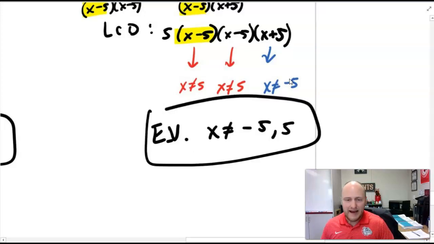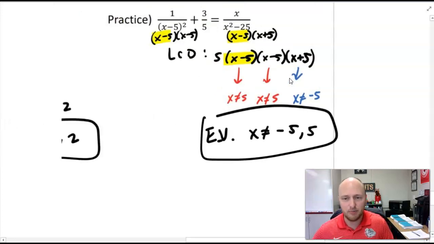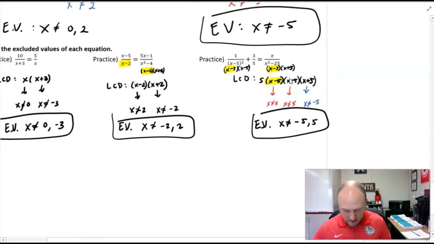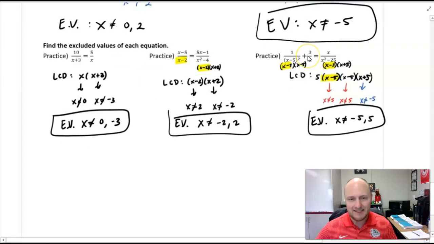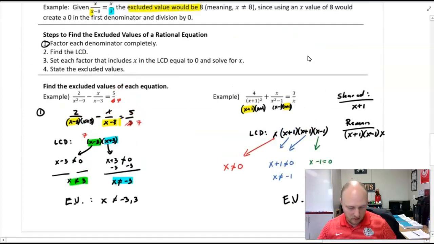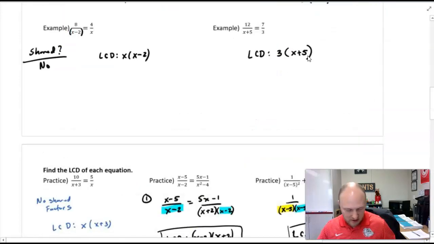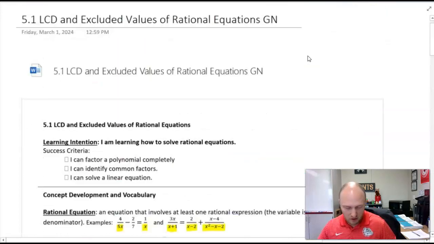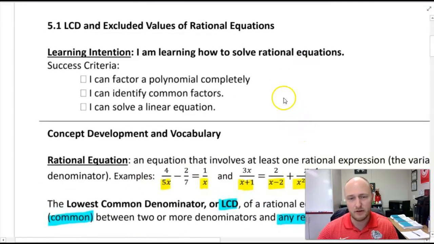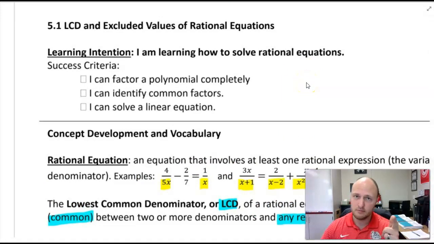Okay, that is it. Hopefully pretty simple, not heavy lifting algebraic-wise here, just some important ideas. So I want to go back to our learning intention and our success criteria. We want to be able to solve rational equations, and this is the foundational step, learning how to find the lowest common denominator. So, do you know how to find the lowest common denominator?